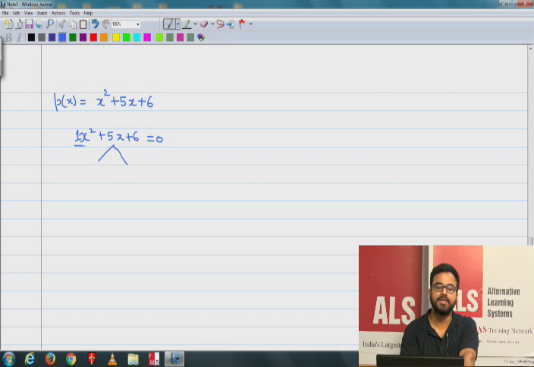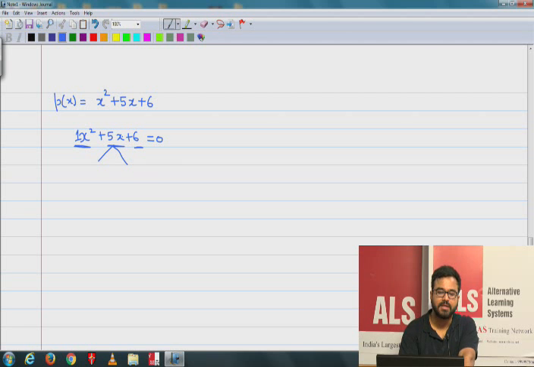This is called the leading term, this is called the middle term, and this is called the constant term. So before doing any operation, you have to make sure that the polynomial or equation is arranged in the standard way. Standard way means the highest exponent will be the first term, then exponent 1 will be the next term, and then the constant number will be the third term, right?